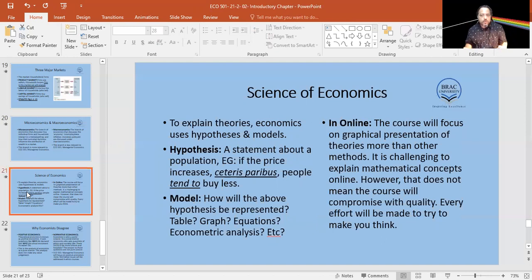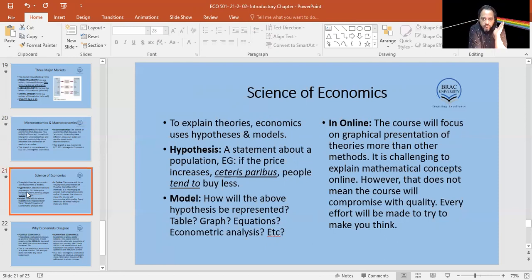In a statistics course, a hypothesis is presented formally with lots of notation and mathematical equations. But the idea of a hypothesis is that it just makes a statement about the population. Any statement. If price increases, people tend to buy less.